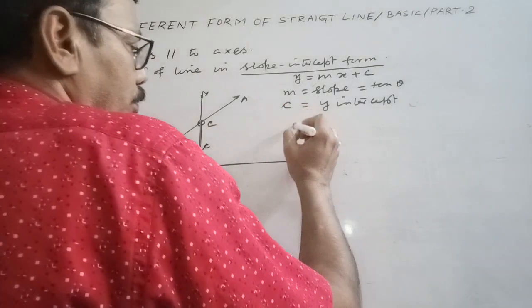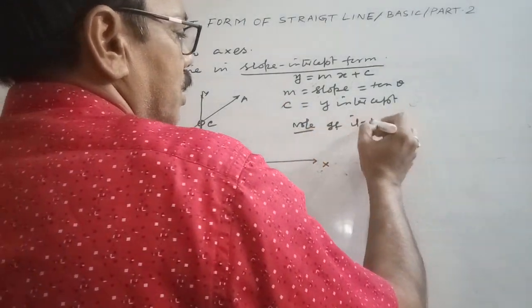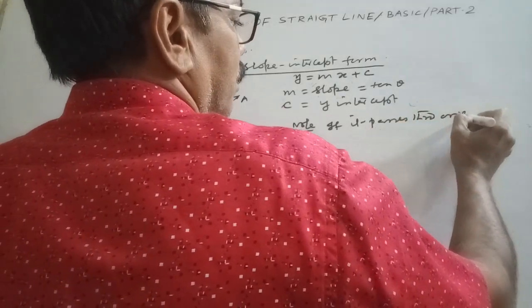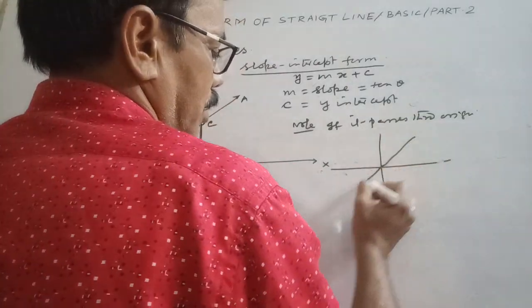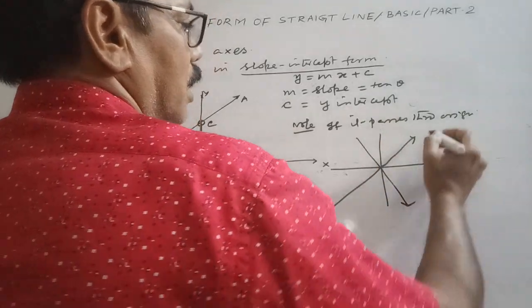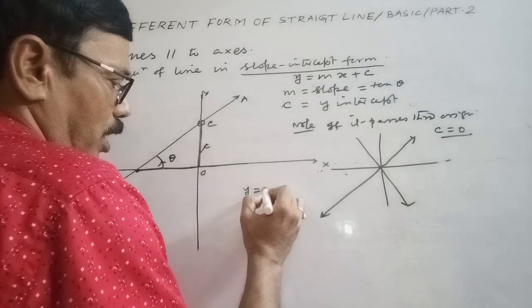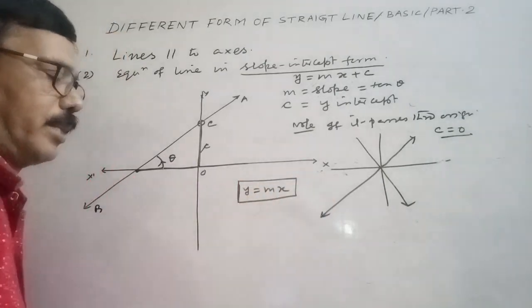Now, if it passes through origin, look, this type of figure, then c equals 0. So you are getting the equation of line y equals mx.